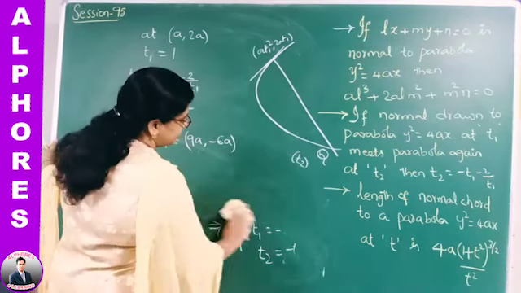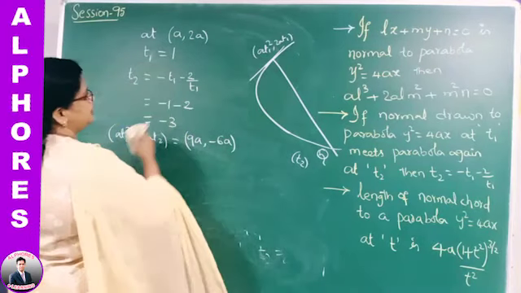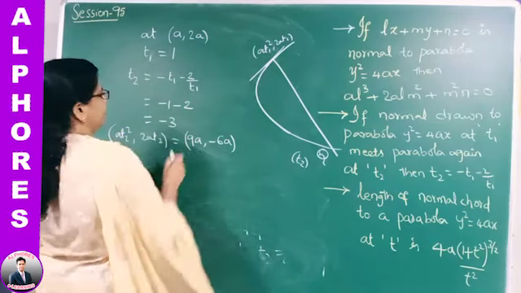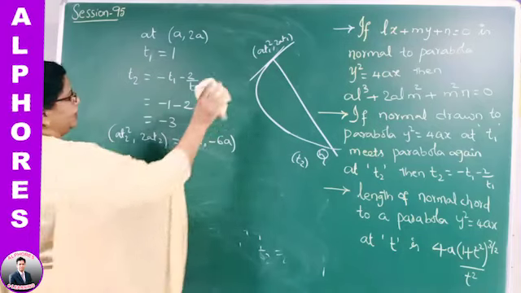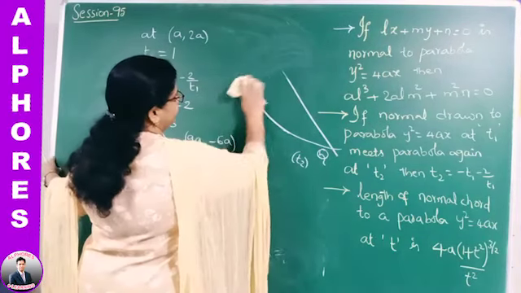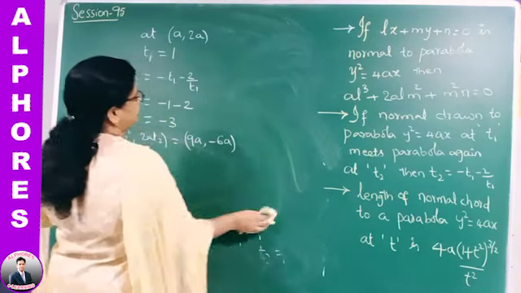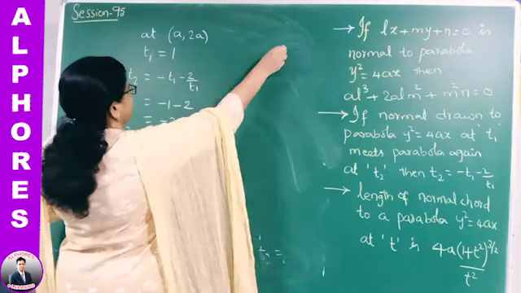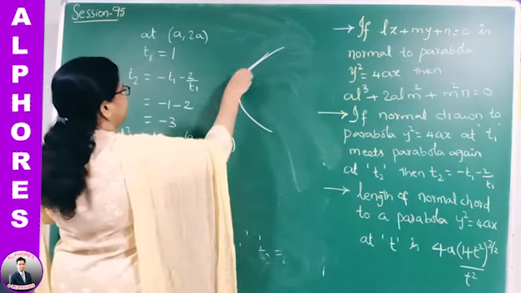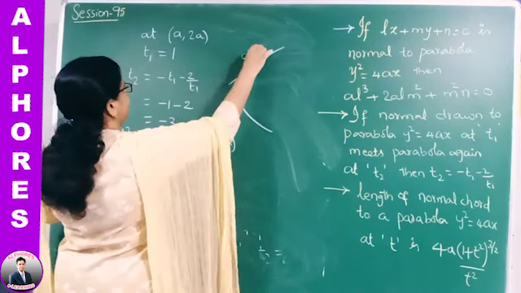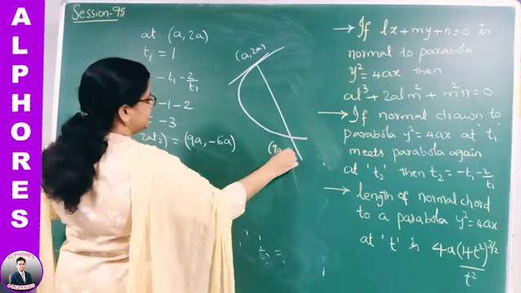Understand? So just now what we have done: the normal is drawn at one end of the latus rectum, a comma 2a, and it meets the parabola again at 9a comma minus 6a.